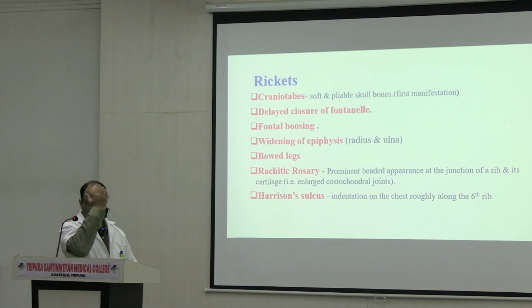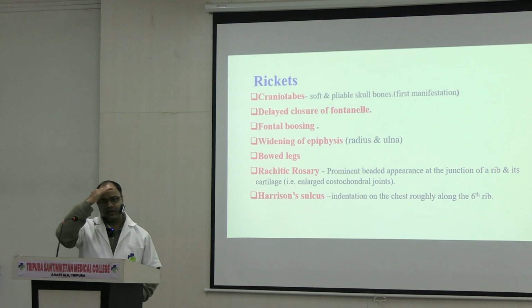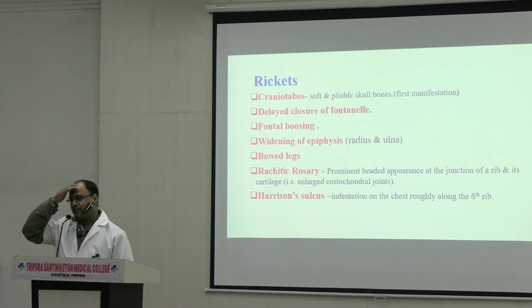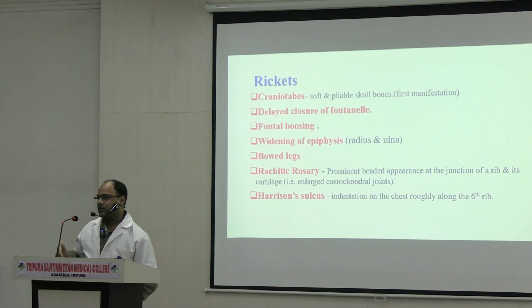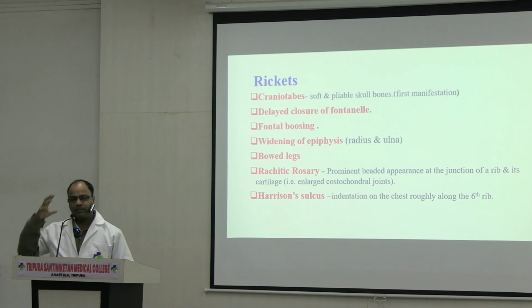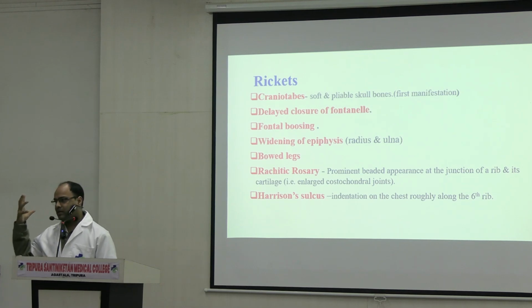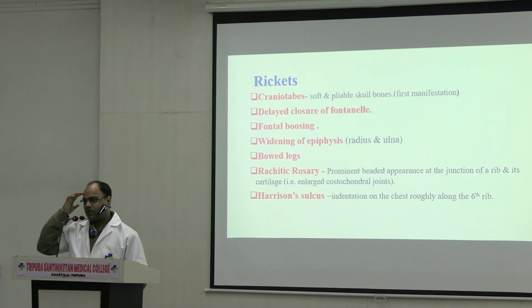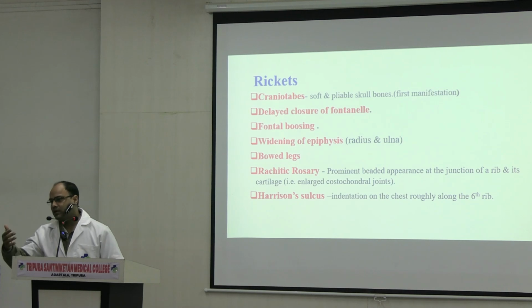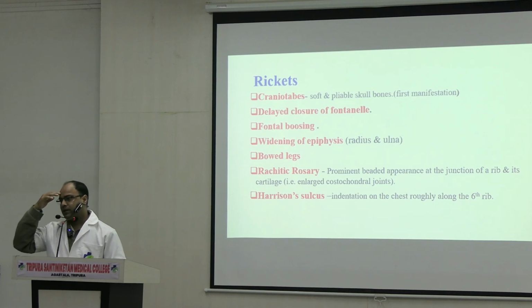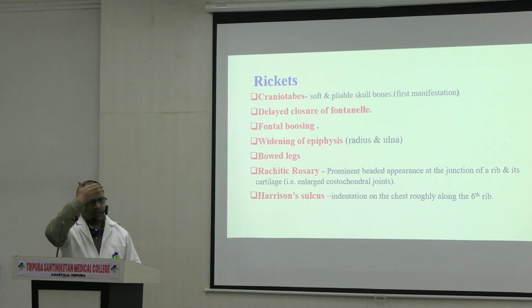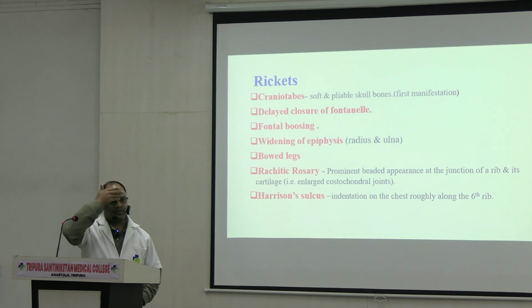Frontal bossing, that is, this area becomes very bulging. This area is called frontal bossing. Because inside the head the brain is there, and the skull bone is very soft, it is pushing the brain up and forward. So it is just bulging of the frontal bone.